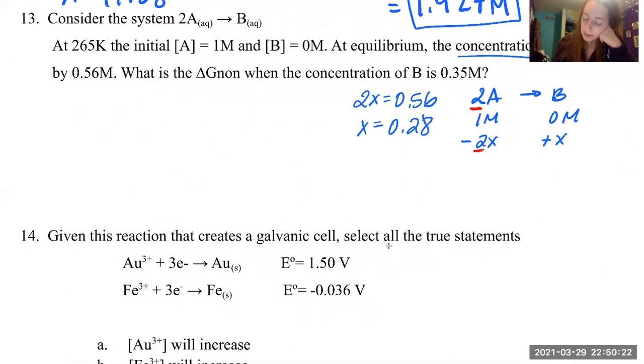So if we were to solve this, all we need to do is just some math. So this would be 0.44. This would be 0.28.